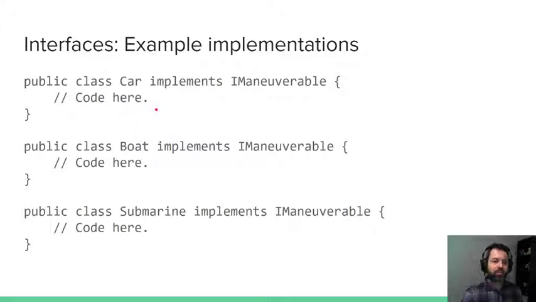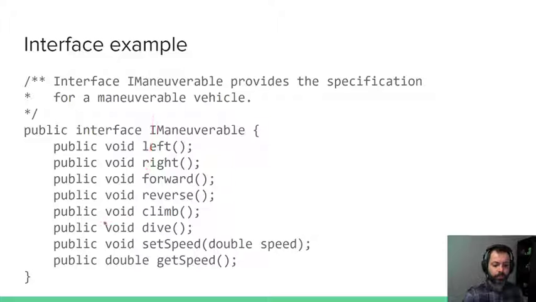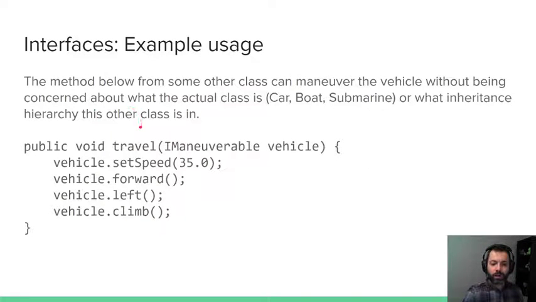We would implement specific forward, reverse, left, right in here. But later on in our program, not in the interface, not in the vehicle classes, whichever one you instantiate, just in kind of your main, let's say we want a generic object to travel. So think of it as a game or a simulation or something of that nature.